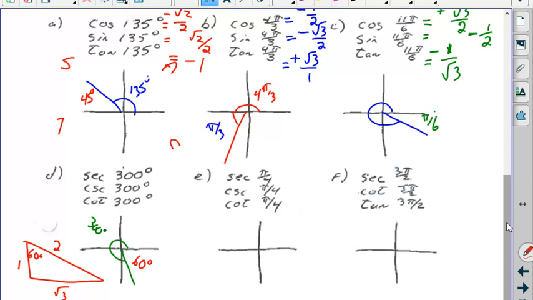Secant is the reciprocal of which ratio, Aurora? The reciprocal is cosine. Cosine is adjacent over hypotenuse. So secant is hypotenuse over adjacent. So that guy is equal to 2 over 1. Since it is the reciprocal of cosine, it's in this quadrant. Quadrant 4 cosine is positive. So positive 2.